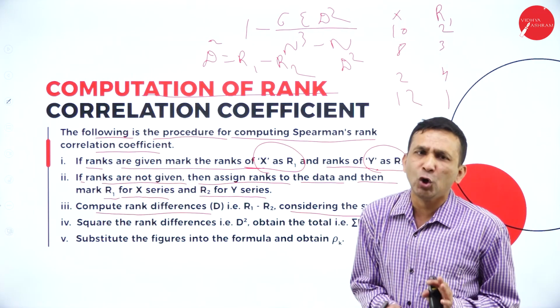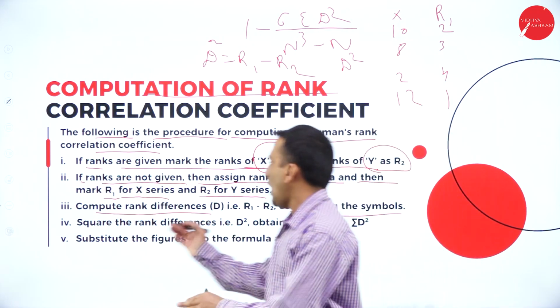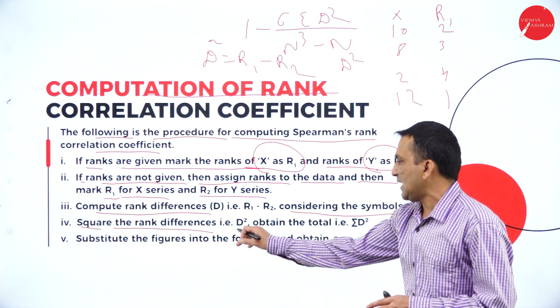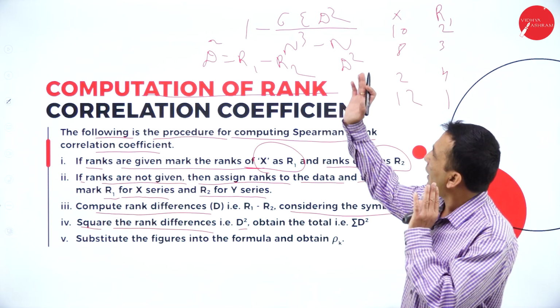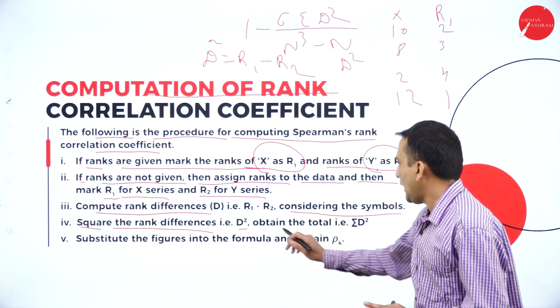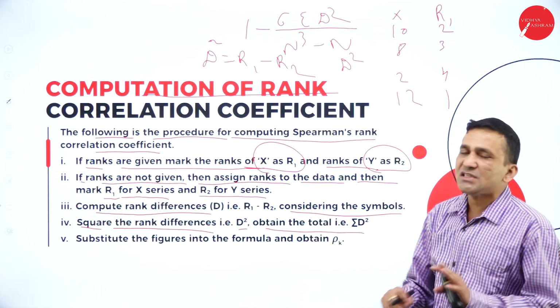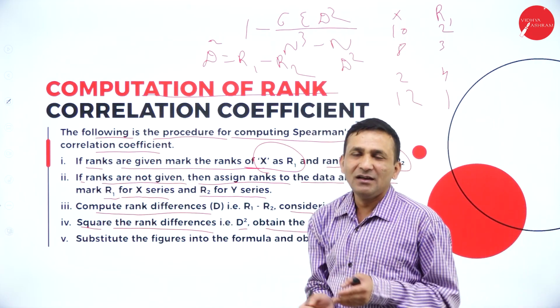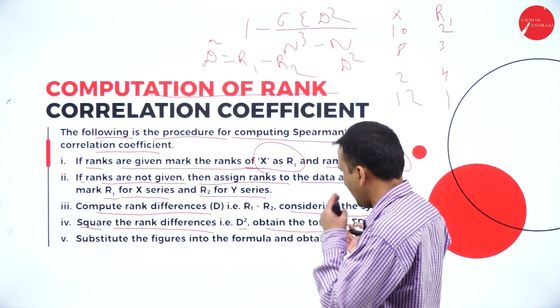We cannot ignore this sign. Now fourth step, square the rank difference, that is D square. Obtain the total, which is nothing but sigma D square. So finally we have the formula.